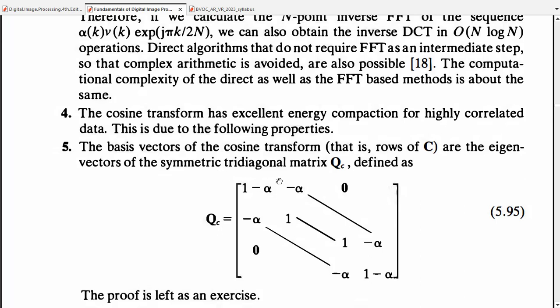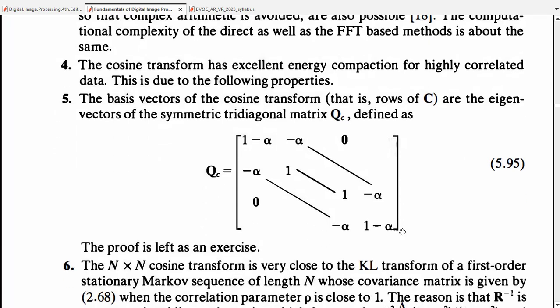The basis vectors of the cosine transform, that is the rows of C, are the eigenvectors of the symmetric tridiagonal matrix Q_c, defined with 1 minus alpha on the corners, 1 on the diagonal, and minus alpha on the off-diagonals. Finally, the proof of this is left as an exercise.